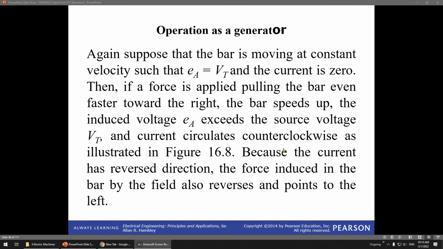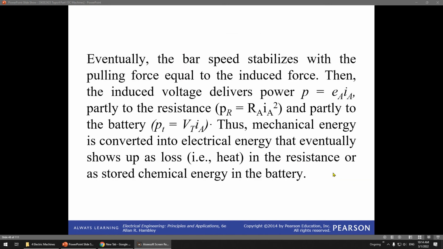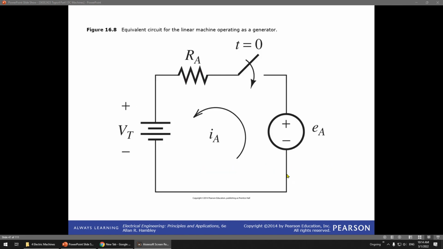Thus, the mechanical energy converted into electrical energy eventually shows up as losses in the resistance or is stored chemically in the battery.